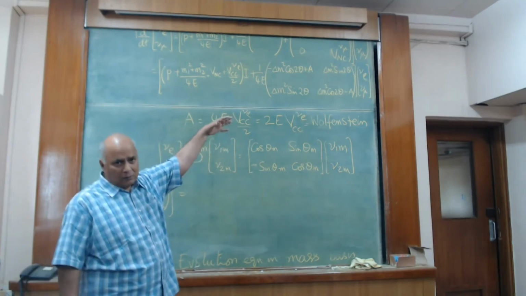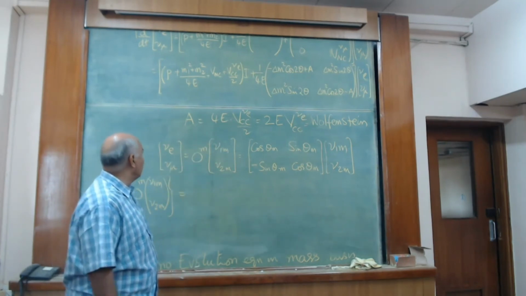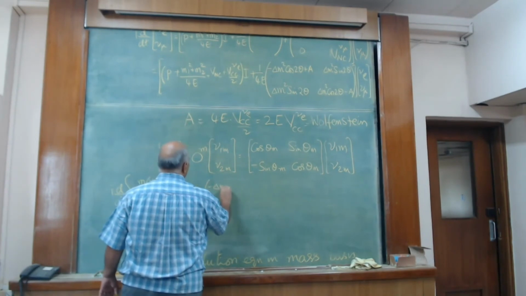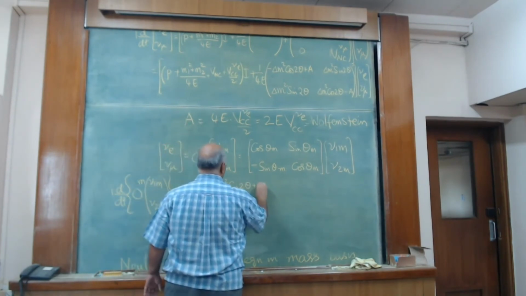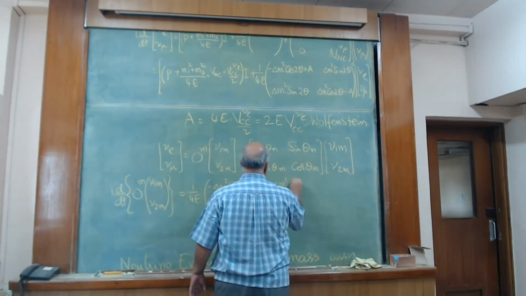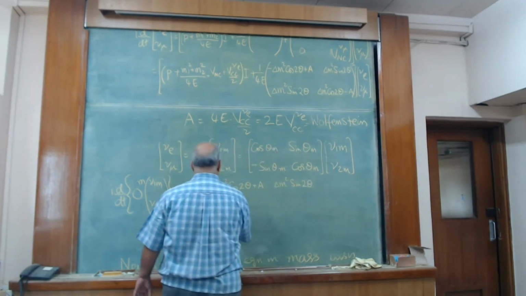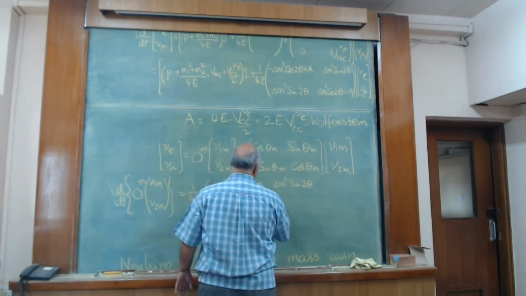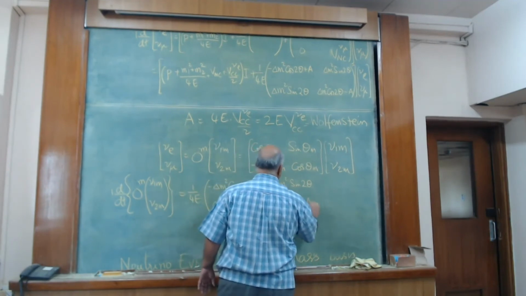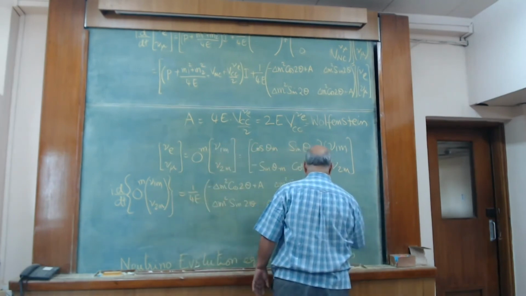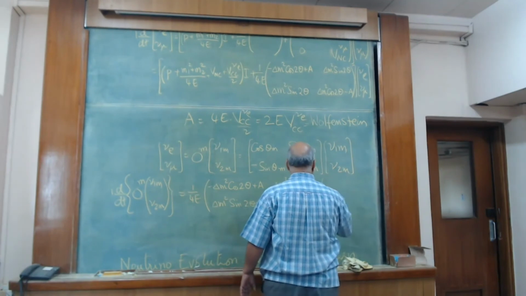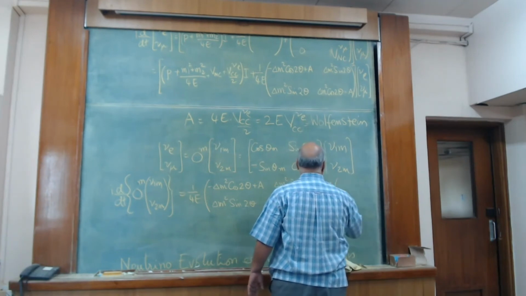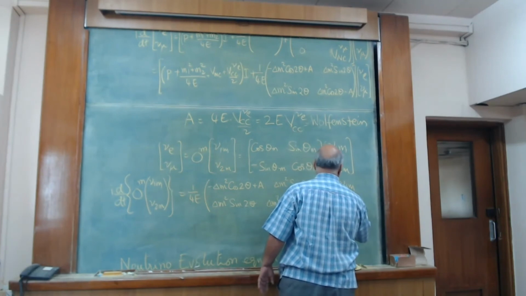So I will write only the terms that will make a difference. 1/4E times the matrix (−Δm² cos 2θ + A, Δm² sin 2θ; Δm² sin 2θ, Δm² cos 2θ − A) times O_M (ν1m, ν2m).